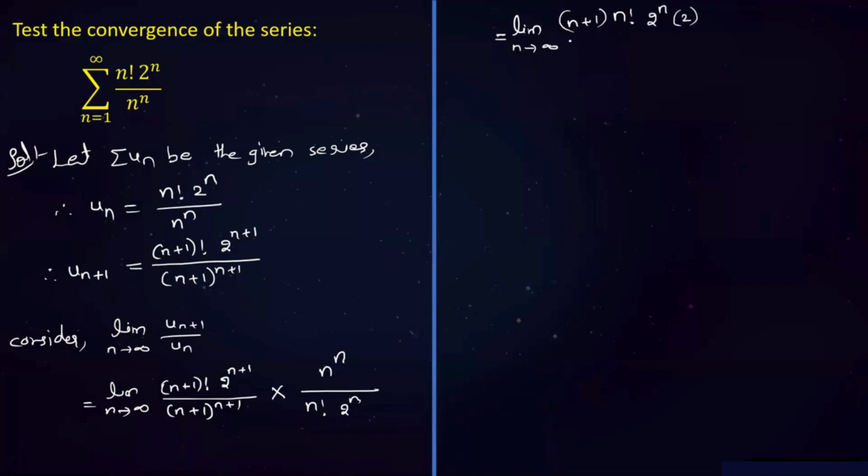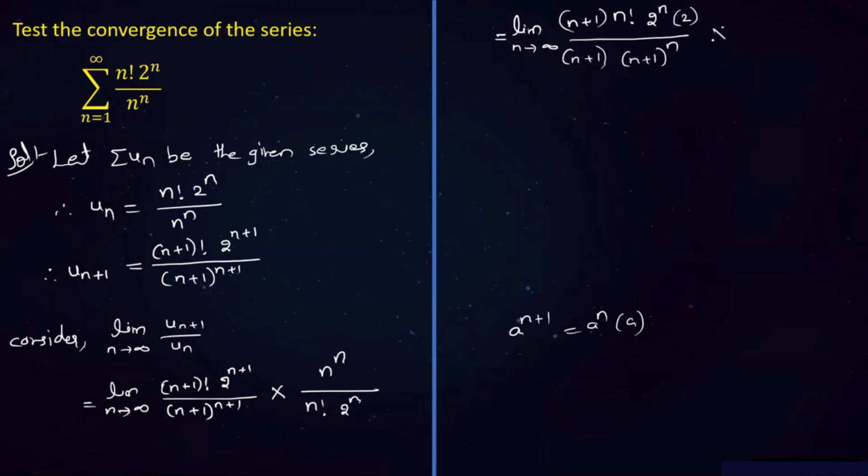Good. Next, in the denominator, what you have here is n plus 1 to the power of n plus 1. When you have a to the power of n plus 1, we can write it as a to the power of n into a. In a similar way, I'm writing n plus 1 to the power of n plus 1 as n plus 1 into n plus 1 to the power of n. So that we'll get n plus 1 to the power of n plus 1.